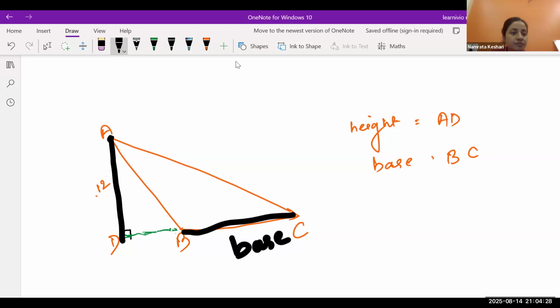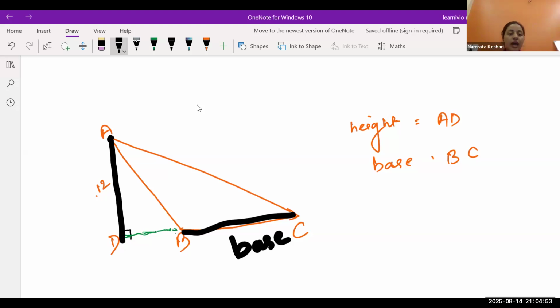Yes, ma'am. Is it clear to all of you? So far, any confusion? The height of the triangle can lie outside the triangle. In such scenario, we should not panic. This is completely normal, completely acceptable. We can have such triangle. Here the height we need to take AD.